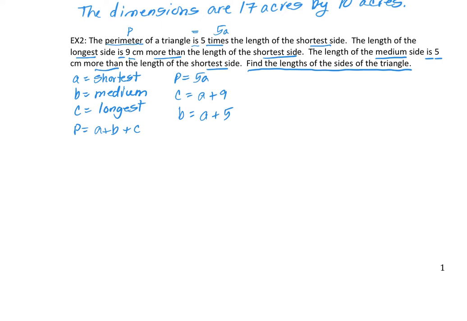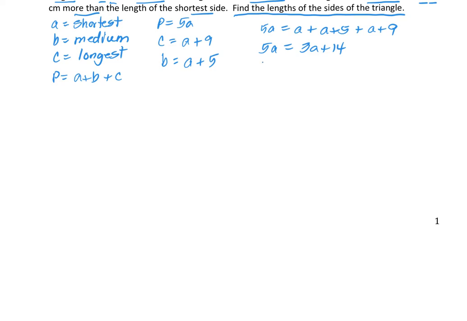Now when I look at my perimeter formula, it's going to be 5A for the perimeter is equal to A plus B, which is A plus 5, plus C, which is A plus 9. 5A is equal to 3A plus 14. And when I subtract 3A from both sides to get the A's by itself, I get 2A equal to 14. And then dividing by 2, I have A is equal to 7.